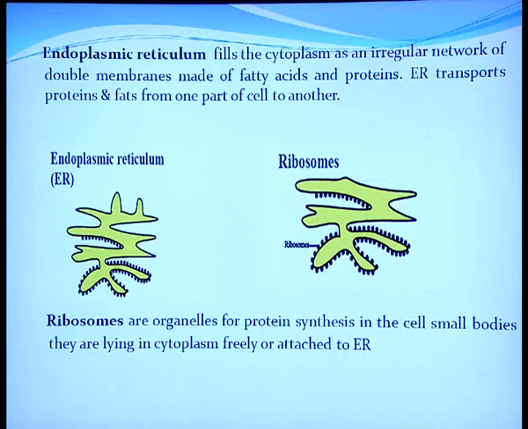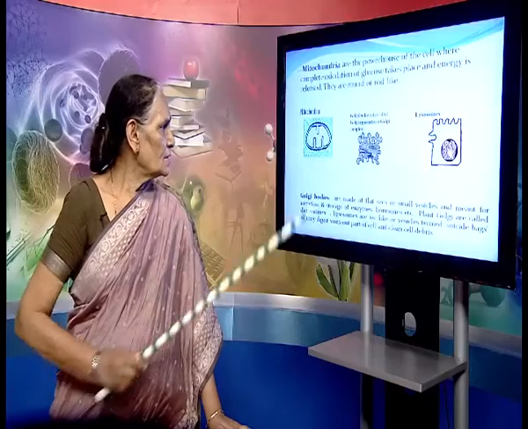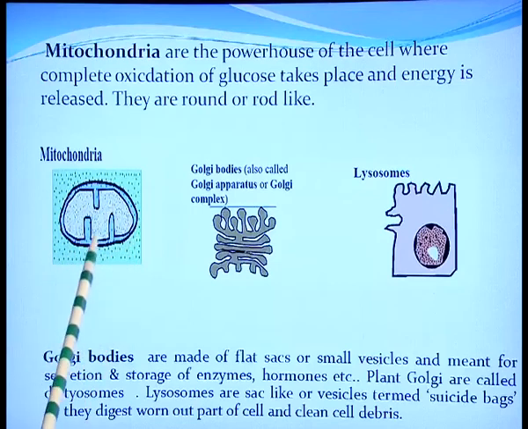You know, enzymes are all proteins. So, many proteins are required by the body for making the structure, for enzymatic activity, for regulating all the activities, etc. Here is a diagrammatic representation of the mitochondria, which I told you was the powerhouse of the cell. What does powerhouse mean?